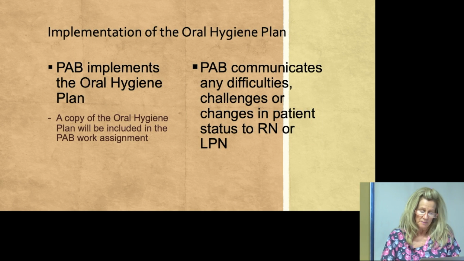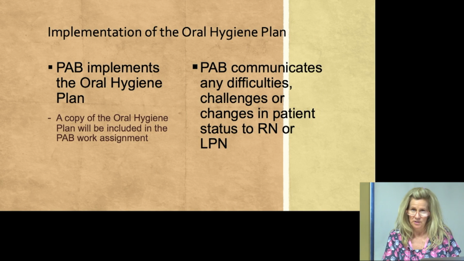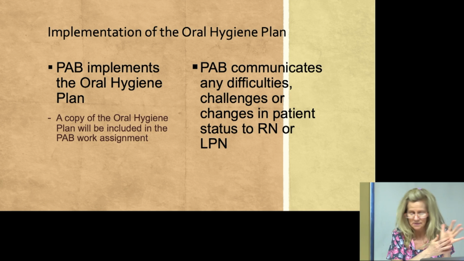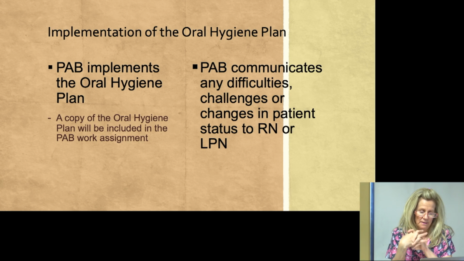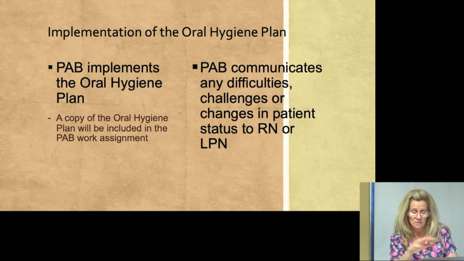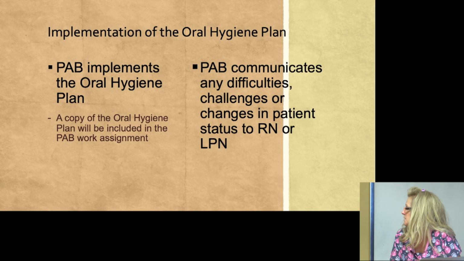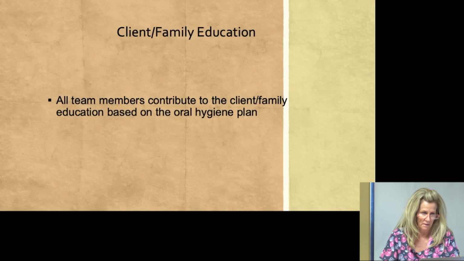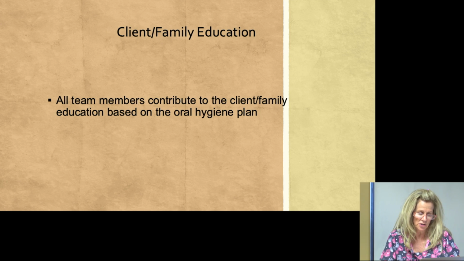The implementation of the oral hygiene plan: the PAB implements the oral hygiene plan. A copy of the plan will be given to the PABs with their work assignment. The PABs must communicate any difficulties, challenges, or changes in the patient status to either the RN or the LPN. Client and family education: all team members contribute to the client and family education based on the oral hygiene plan.